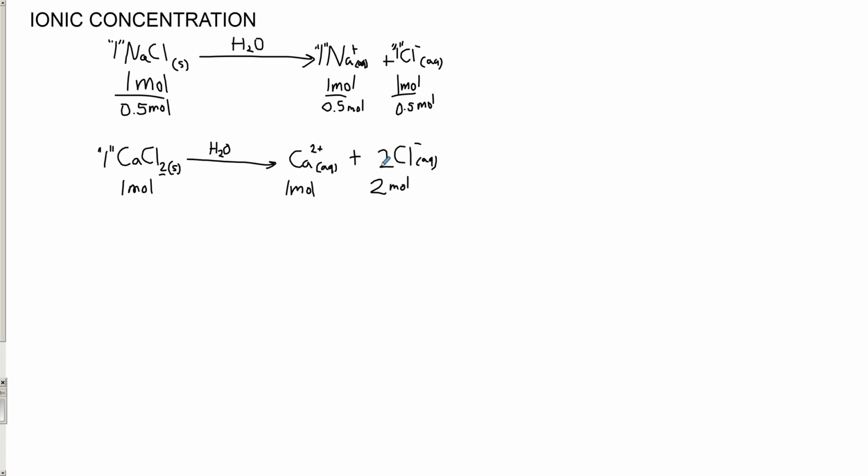Because there's a 2 in front of the Cl. Where did that come from? It came from the chemical formula. So we can do that with any numbers. If I say 0.1 mole of calcium chloride, we will have 0.1 mole of calcium ion, and we'll have 0.2 mole, twice as much, of the chloride ion.